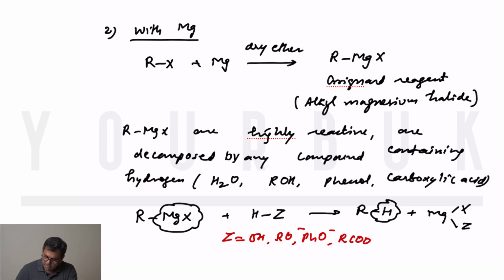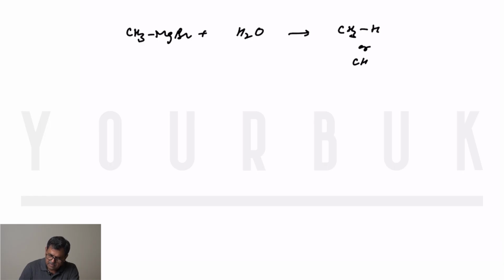So it can be any of these groups. One example is CH3MgBr. When treated with water, it decomposes to give CH3H. This is called methane. And the side product is MgBr and OH.